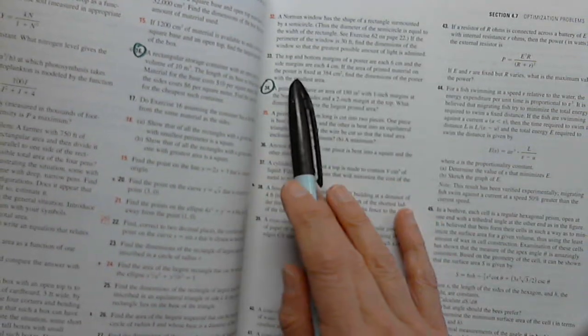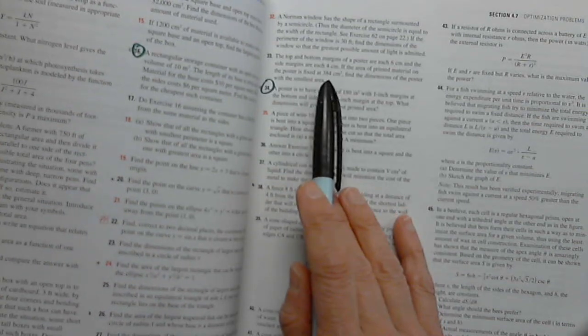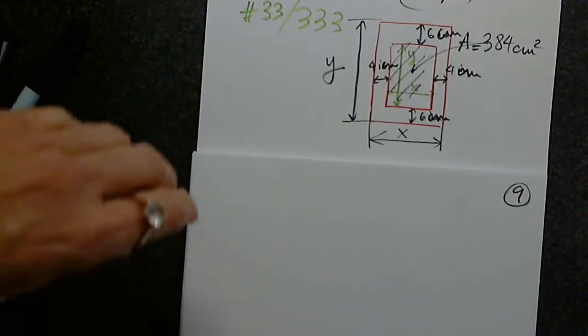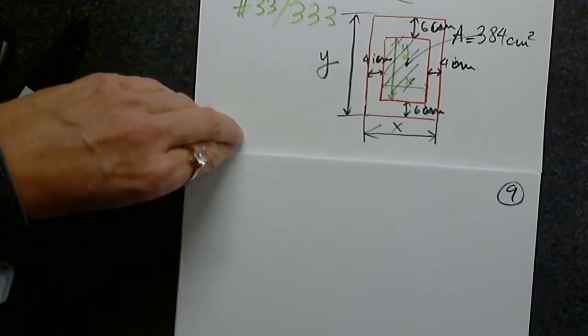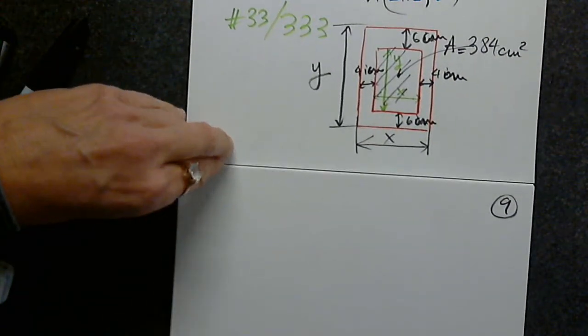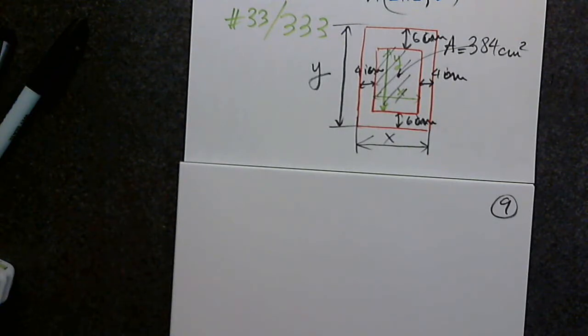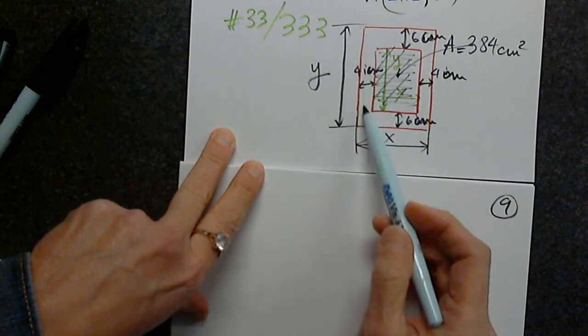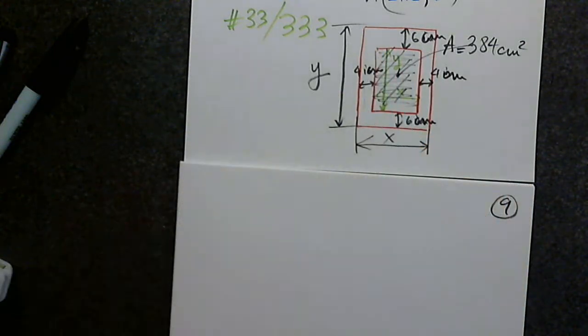If the area of the printed material on the poster is fixed at 384 square centimeters, find the dimensions of the poster with the smallest area. I was saying that the printing is inside the margin. So the printed area is this, and the poster has uniform sides. I was thinking that it was 4 by 6.